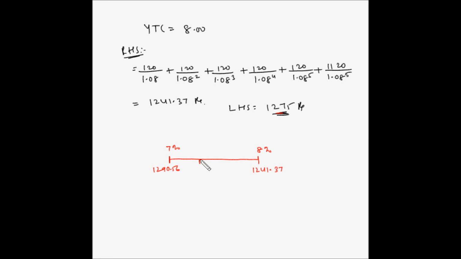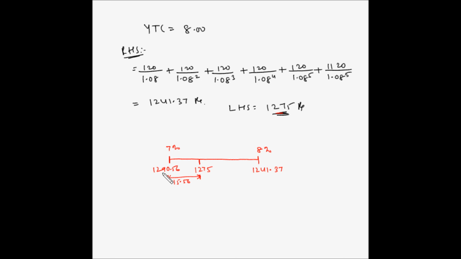Let's say it is here. So this value is 1275. So in order to come to 1275, basically the value 1290.56 has to reduce by 1290.56 minus 1275, which is 15.56.